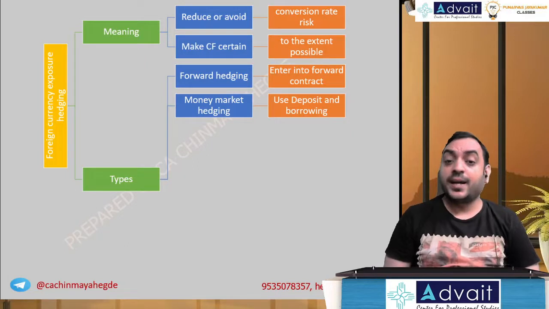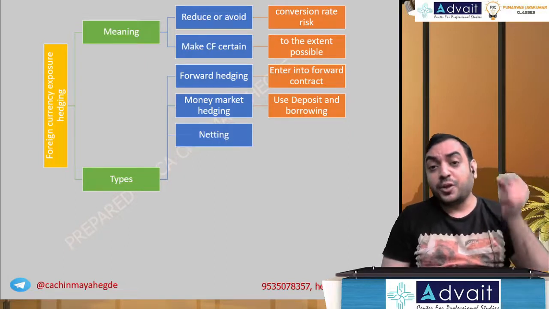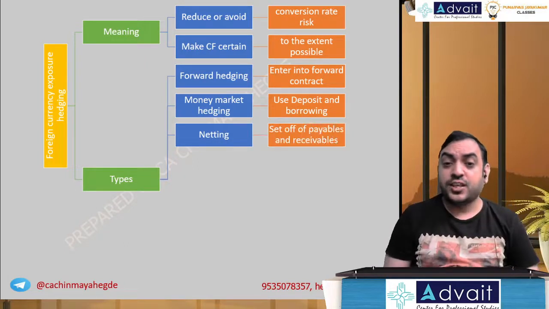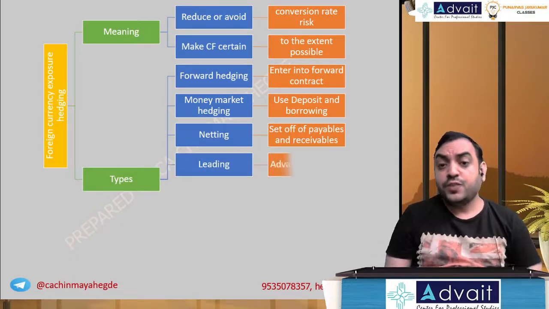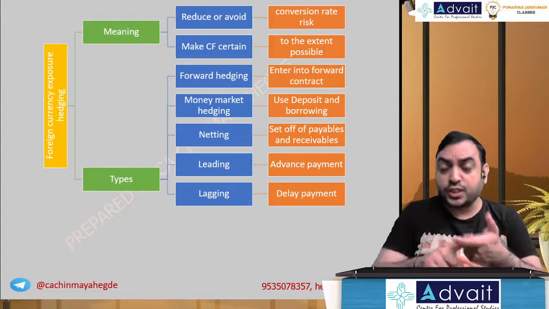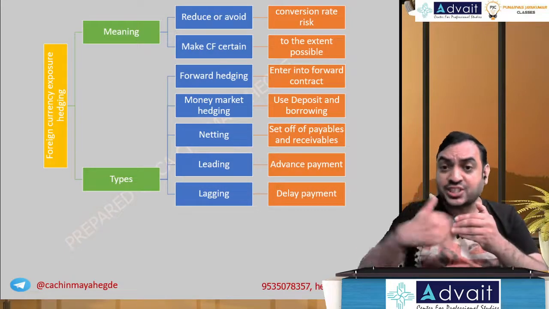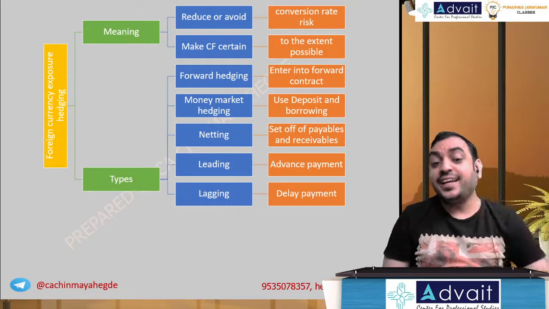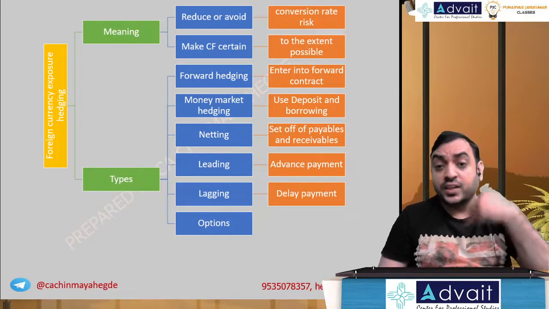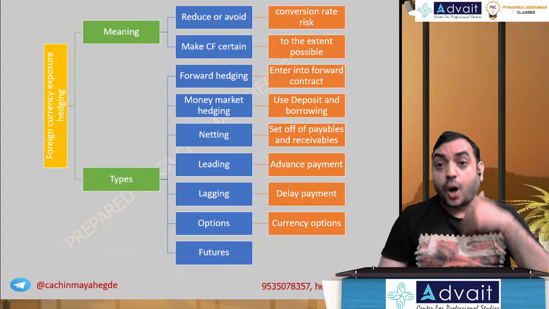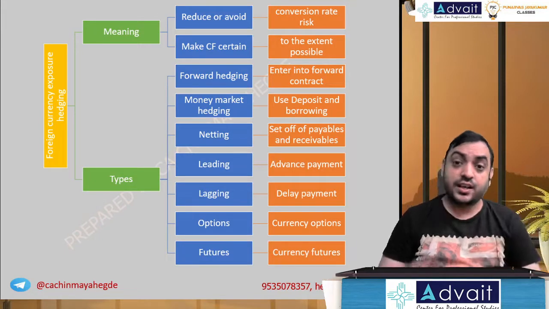That's called money market hedging. Then the concept of netting, setting off: if you have receivables and payables, we can do set off. We have leading and lagging: we do set off, advancing, or we extend, postponing. That's called leading and lagging. I'll explain that. Then we have option hedging and future hedging, currency futures.